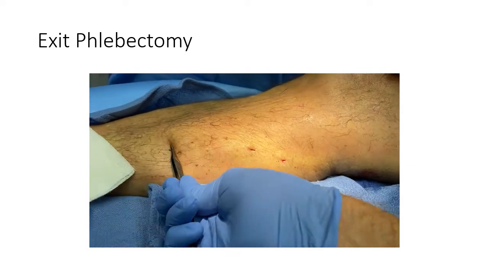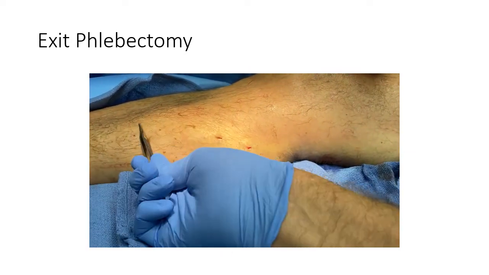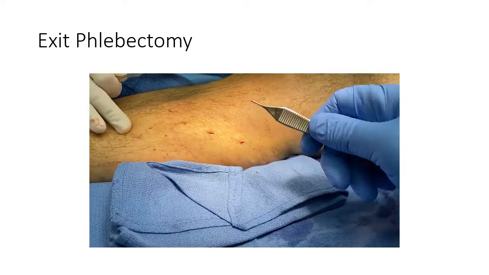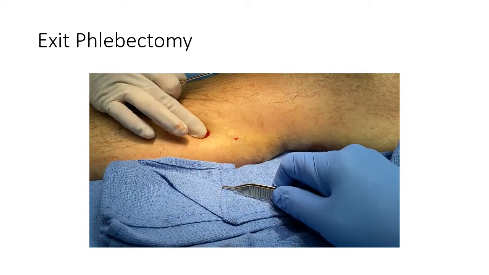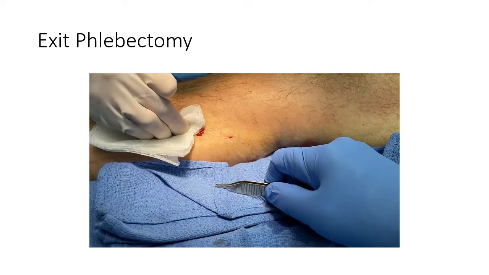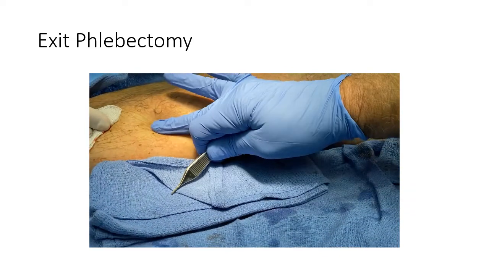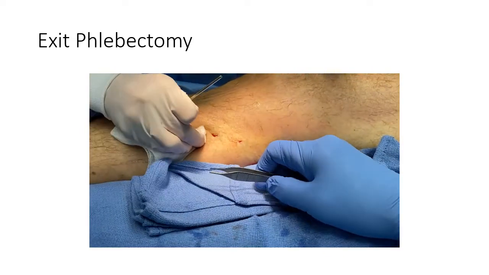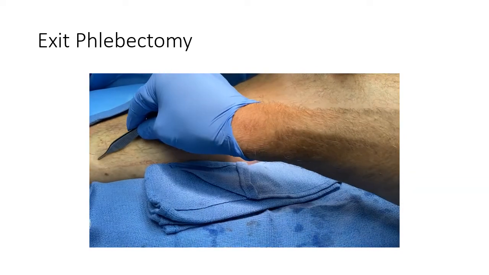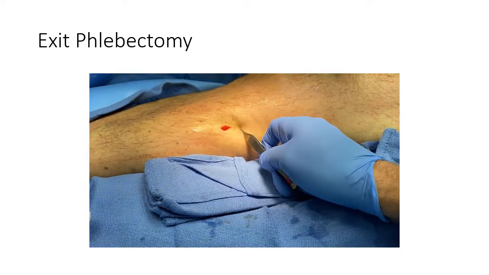So we try to milk out any foam that we can, decrease the amount of trapped blood, and this really dissipates very rapidly, and the vein usually doesn't clot up because remember it drains back into the saphenous, and now it's open here into the tissue.